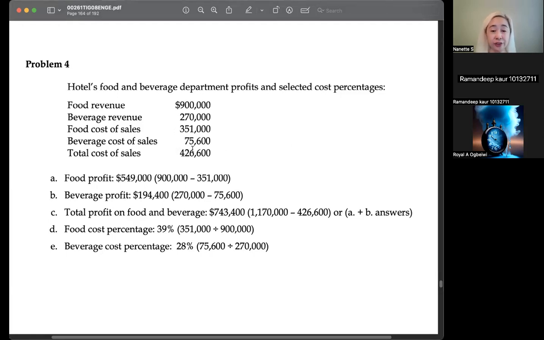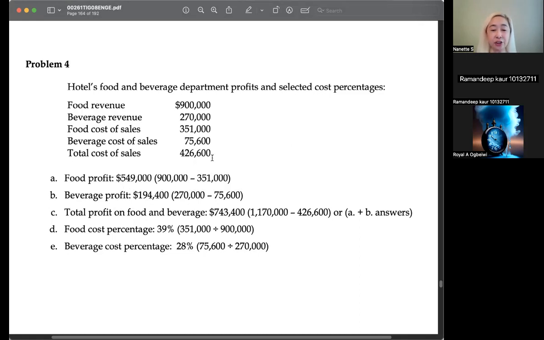Beverage cost of sale, 75,600. So your total cost of sale is 426,600. So food profit is computed as 900,000 food revenue minus food cost of sale, which is 351,000. So your food profit is 549,000.